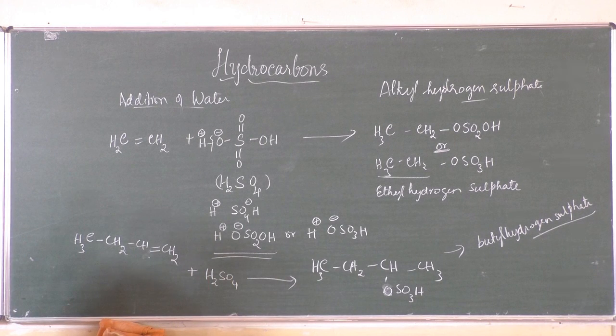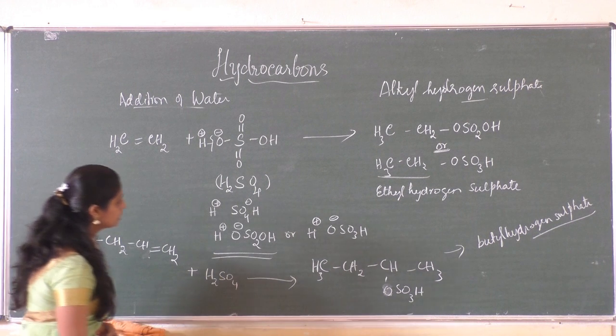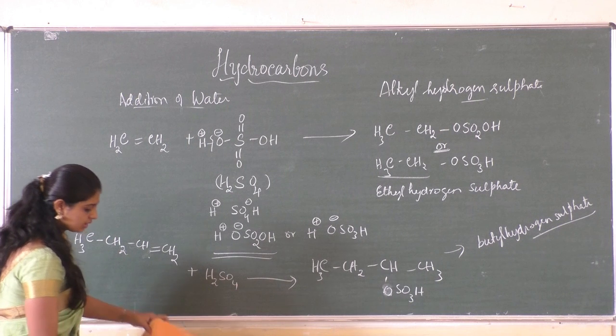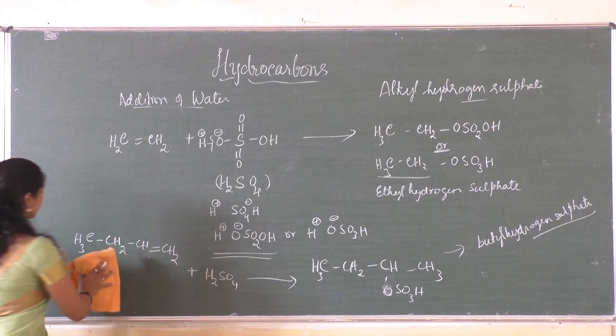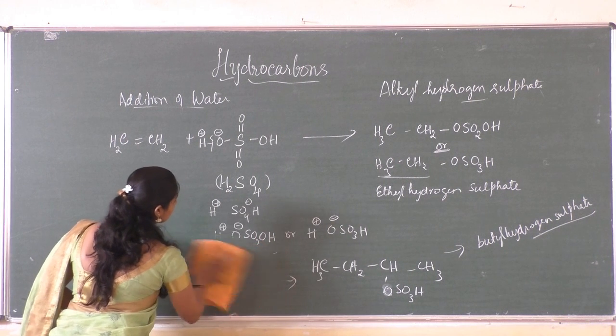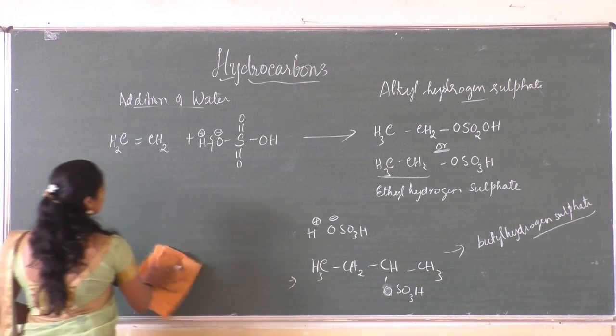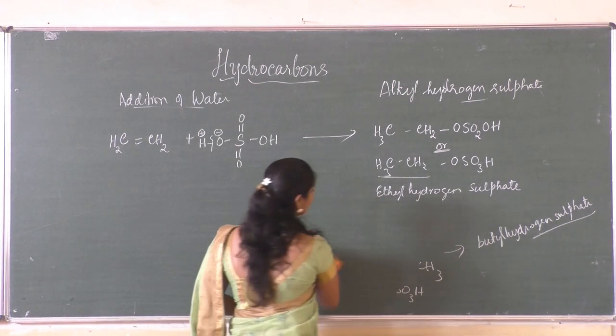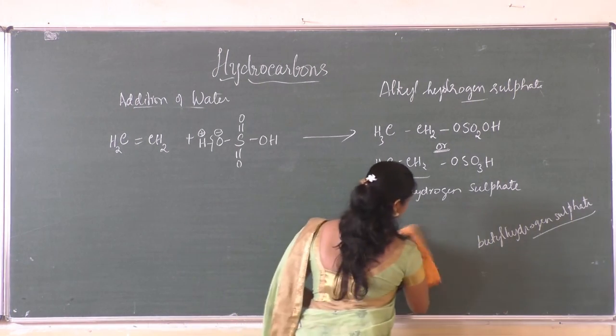So this is about the addition of water, sulfuric acid, and then HBr in the presence and in the absence of peroxide. Now we need to see the oxidation reaction of alkenes. Oxidation is nothing but addition of oxygen, or in terms of hydrogen it is the removal of hydrogen.